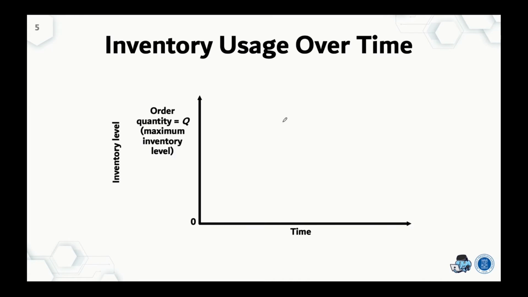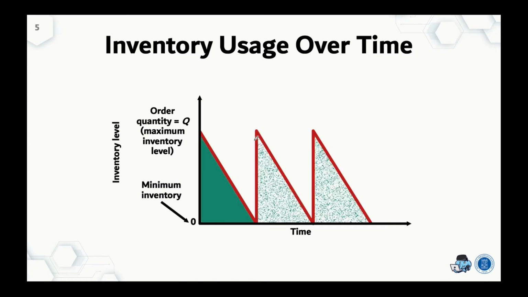When we see the characteristic of inventory usage over time, we will have a pattern like this. For example, the level of inventory quantity is Q, which is the maximum inventory level that we have, the capacity of our warehouses, and so on.